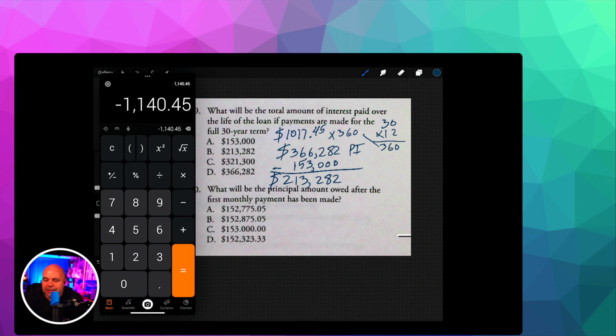That gives us total PI. Subtract the original loan amount, gives us how much we ended up paying in interest. So when it asks you that question, the total amount of interest paid over the life of the loan, those are the steps you take. PI times 360 minus loan amount.